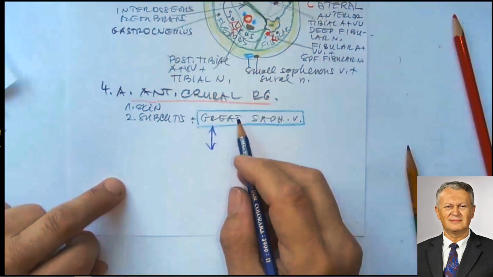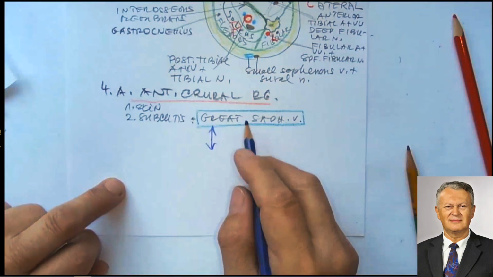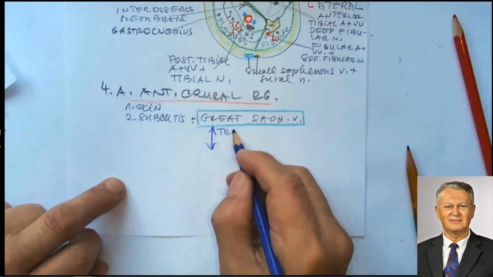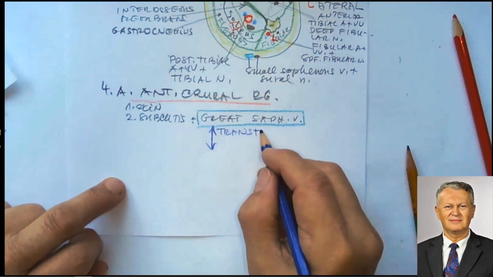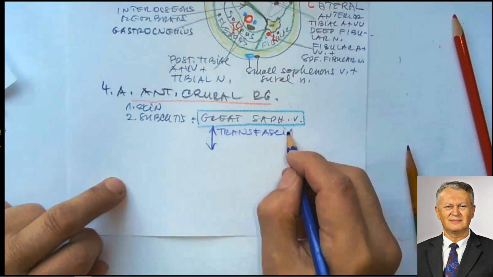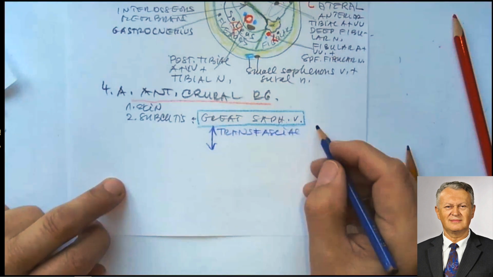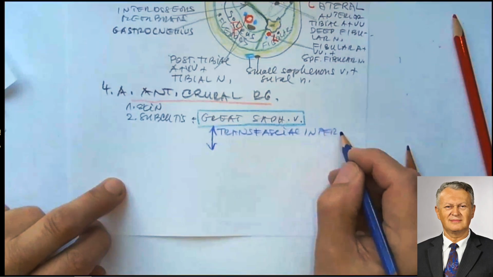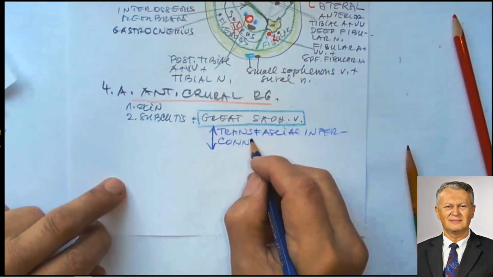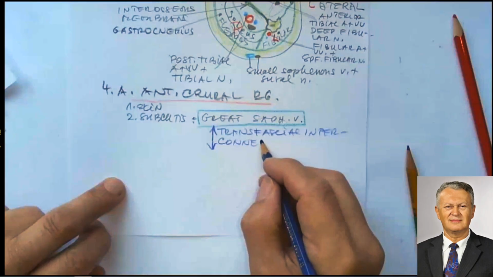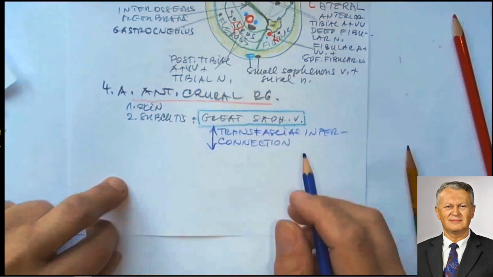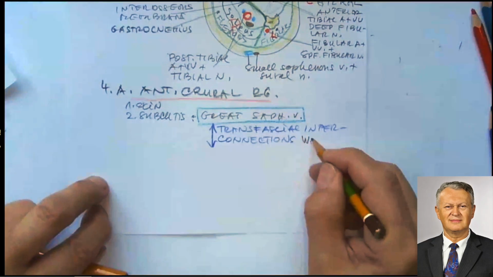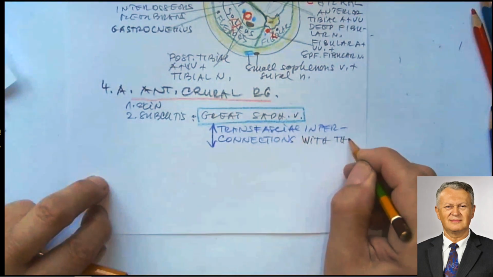There are many transfascial venous interconnections. These are definitely interconnections with the deep veins.